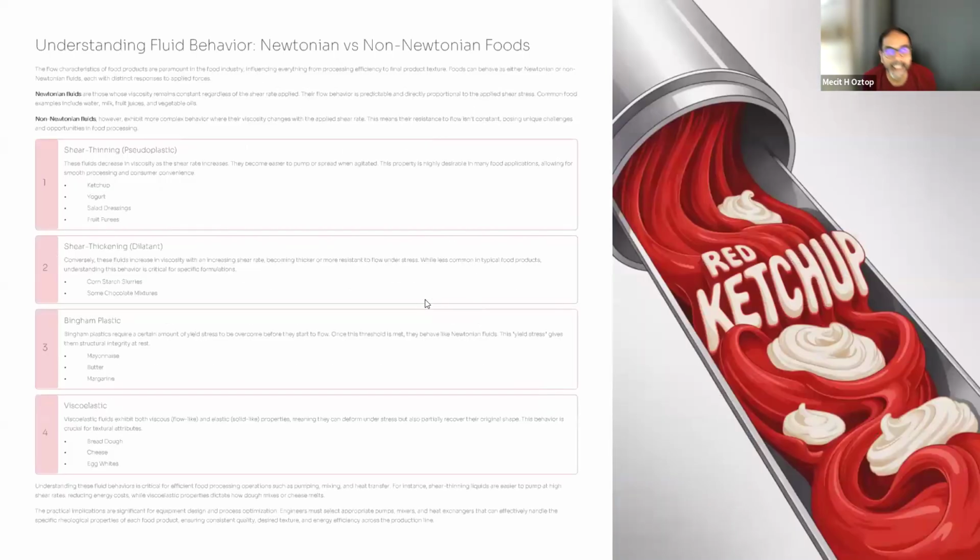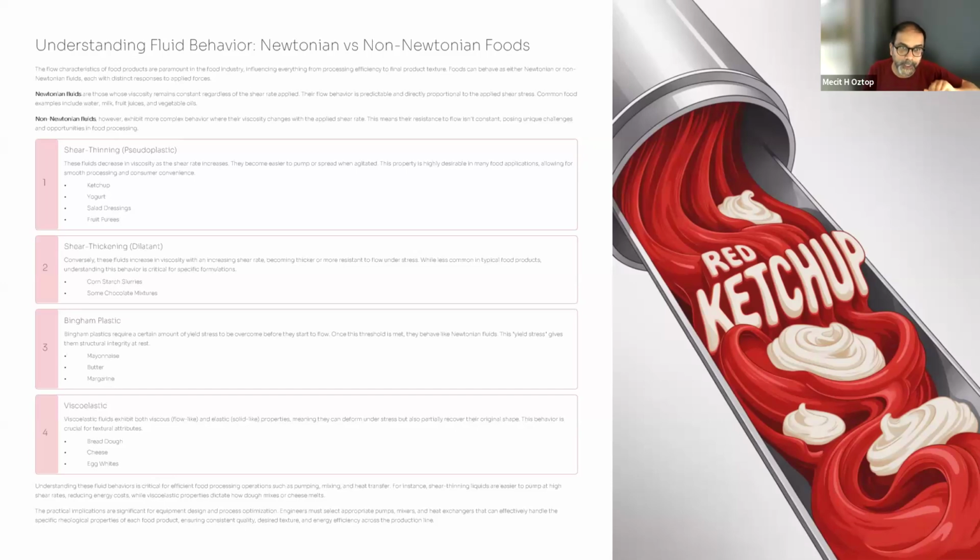For instance, here you see different types of fluids that we categorize, and I gave examples particularly for foods. We categorize fluids as Newtonian versus non-Newtonian. Newtonian means that with changing shear stress and shear rate, we have constant viscosity.